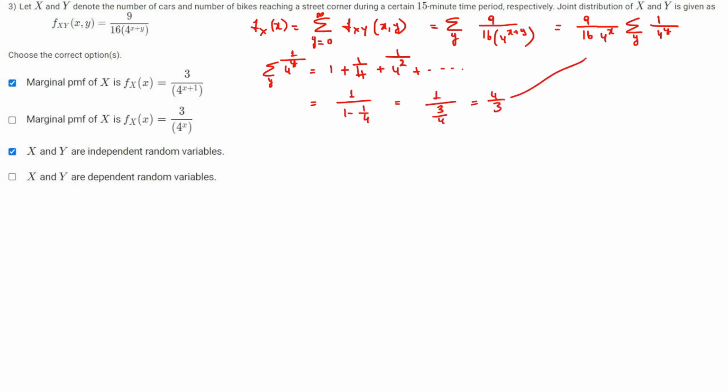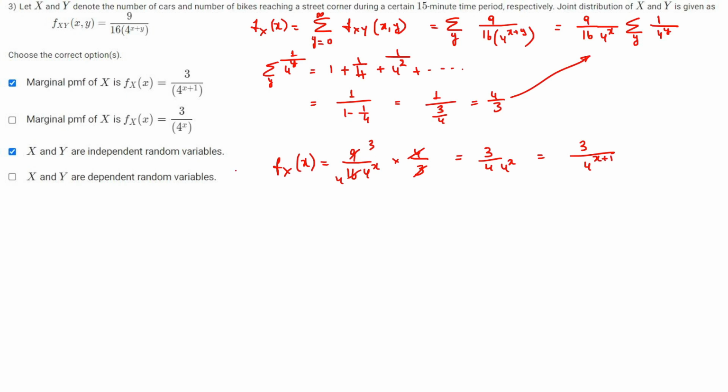I'll substitute this back here, so f_X of x is equal to 9 by 16, 4 to the power x, into 4 by 3. Now I can cancel this, which gives me 3 by 4 into 4 to the power of x, which can be written as 3 by 4 to the power of x plus 1.